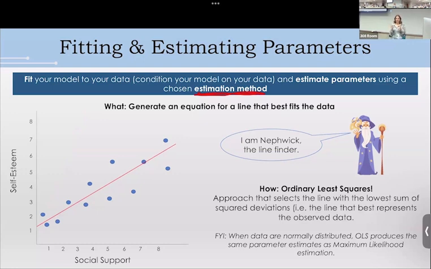Maximum likelihood is another estimation method. It's essentially equivalent to OLS when our data are normal. You don't need to know that now, but when you read an article that says we estimated parameters using maximum likelihood, you'll know that's the basic way.